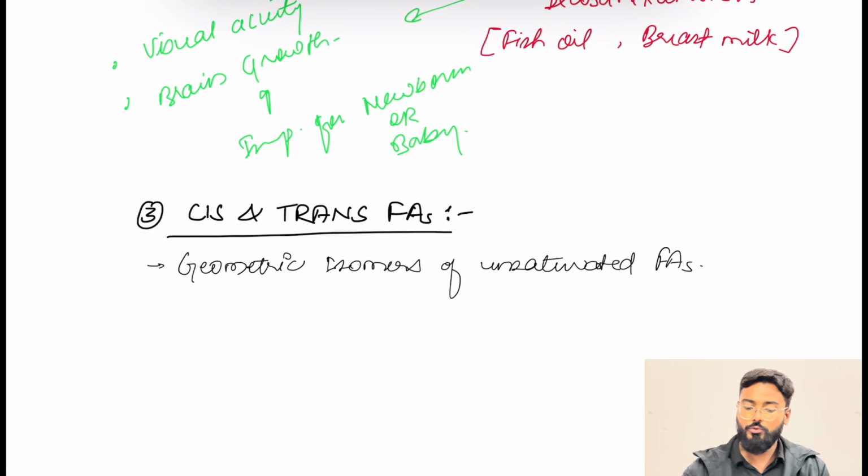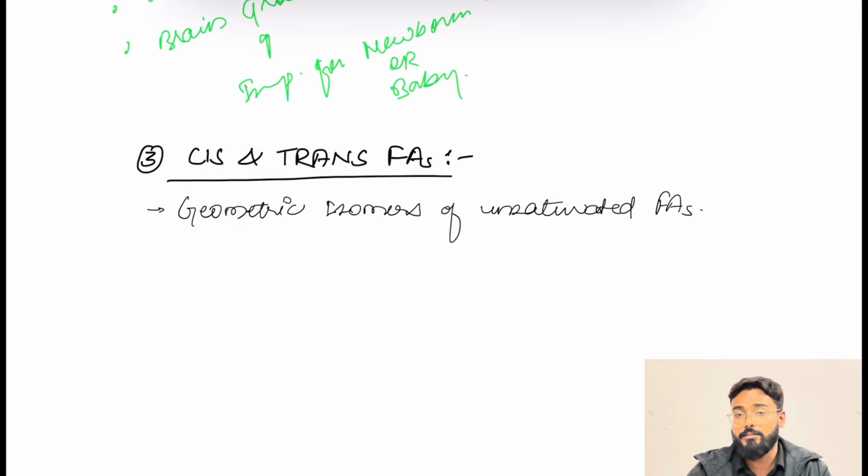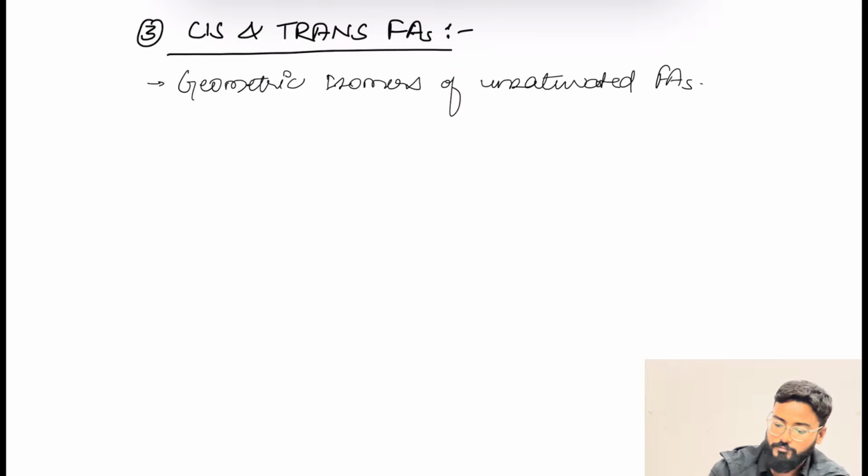Now moving on to another classification, you can also classify fatty acids into cis and trans fatty acids, based on geometric isomerism, where you already know, if the same type of functional groups are on the same side, that is cis, and if they are on opposite sides, that is trans. Now we can see the significance of these.